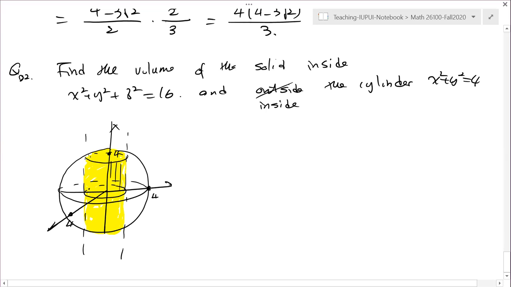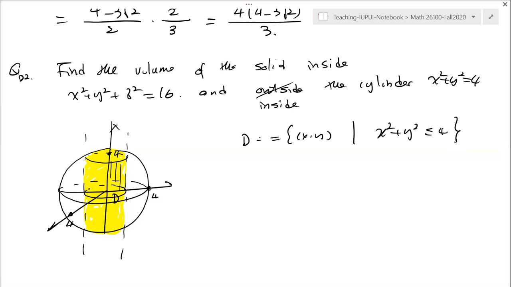All right, let's set up the integral for this. The disk here is D. D is going to be the set of x and y with x squared plus y squared less than 4. To find the volume, you just need to evaluate the integral of this.